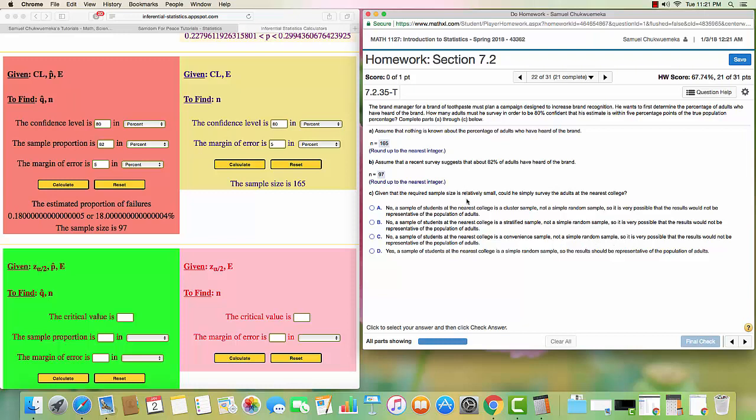When we did sampling at the beginning of this class, we explained sampling. So this is not a cluster, it's not stratified. It's a convenience sample, not a simple random sample. So it is very possible that the results would not be representative of the population of adults. So the answer is C.